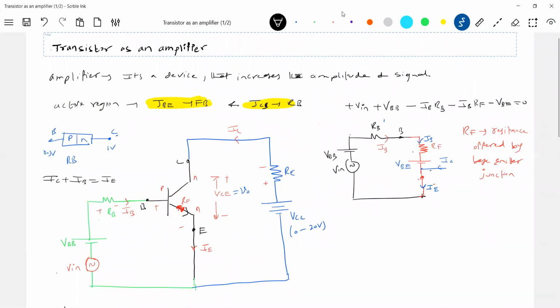Let me differentiate: delta V in, delta VBB minus delta IB times (RB plus RF) minus delta VB equal to 0. The barrier potential will be fixed, so what quantities will cancel out? This will be a constant. So this delta V in will be 0.